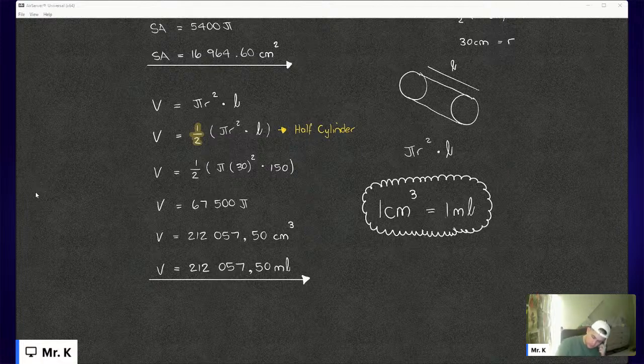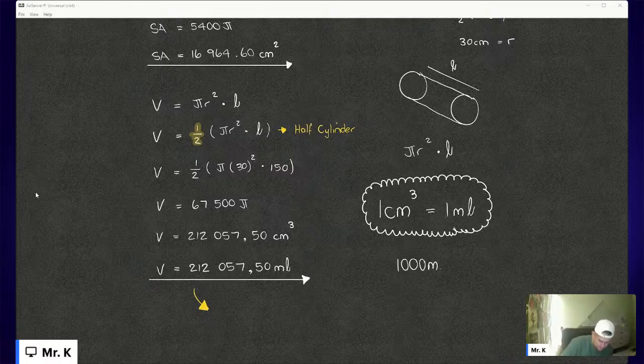Well, I know the question doesn't ask for it, but to sort of try and check my own understanding or fact check my answer, maybe I have time left over at the end of an assignment or a test. If I take this number, I'm working in milliliters. We know that there are 1,000 milliliters in every liter.